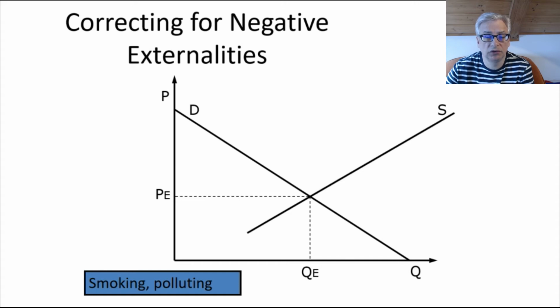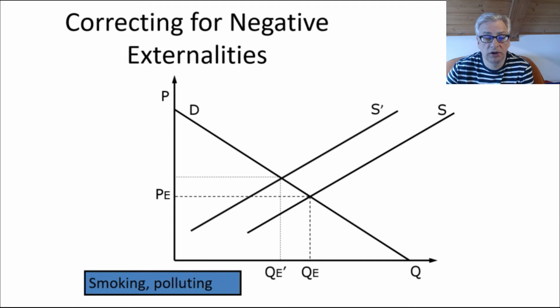If we do so, then we will shift the supply curve to the left, and the vertical distance between supply and supply prim would be the reflection of the negative externality that we have. That would produce the new equilibrium.